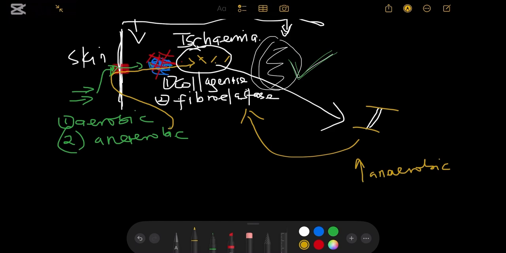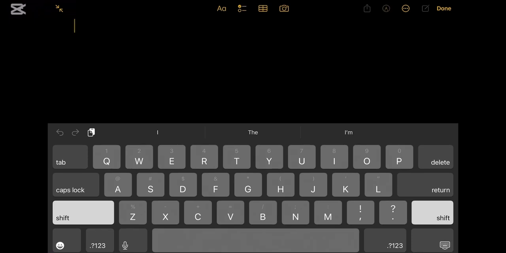So now let's say we have, okay, I'm going to use a new page for that. If we are suspecting a gram-negative organism, that means we have to add urethral strictures to one of our risk factors, okay?